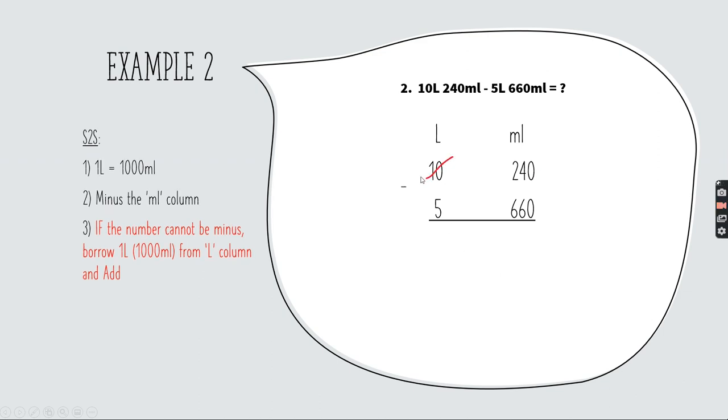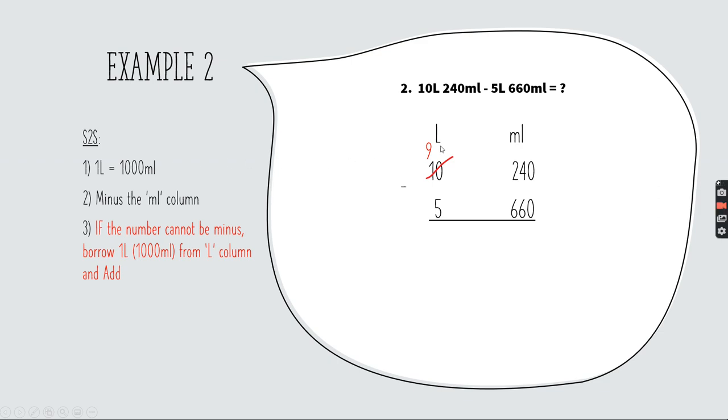Now, let's see. So we're going to borrow 1 liter from here. So we're going to scratch off 10. So 10 becomes 9. And then this 1 liter will go to the milliliters column. We all know 1 liter equals 1000 milliliters.